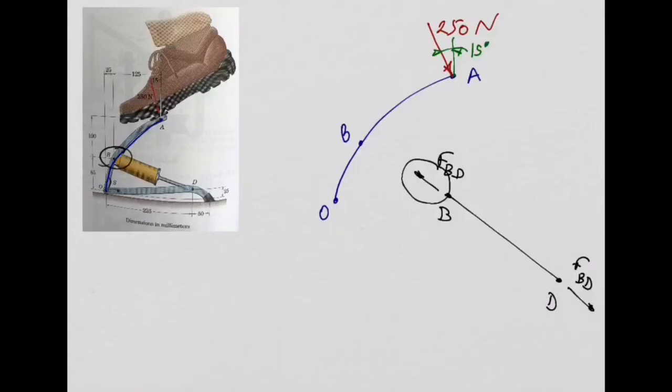What is going to happen is, this cylinder BD will react onto my member OBA with the same force but in the opposite direction. Okay? So this FBD that you have here in our member OBA, we know completely the direction of this force because it needs to have the direction of my cylinder BD. Okay? Which we can easily calculate.